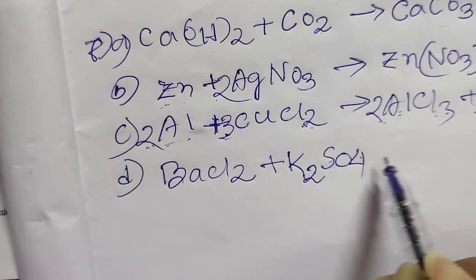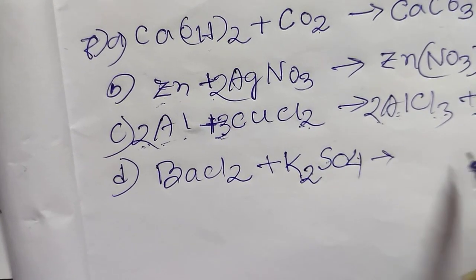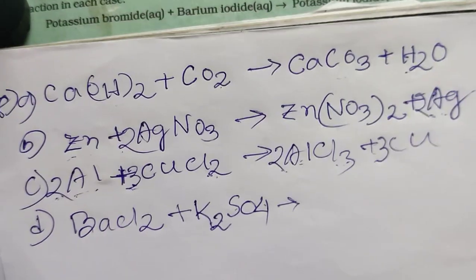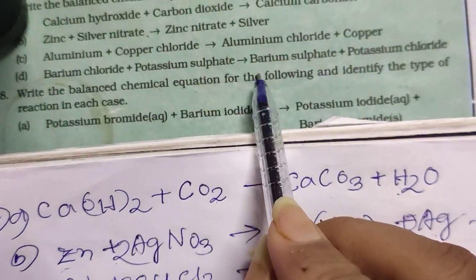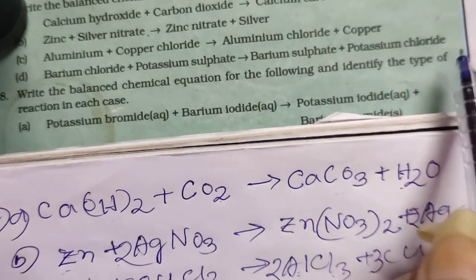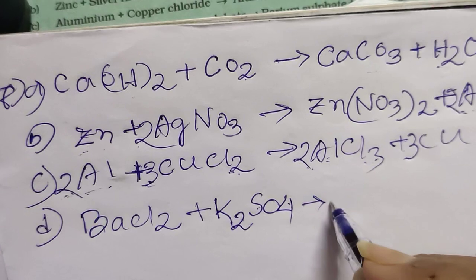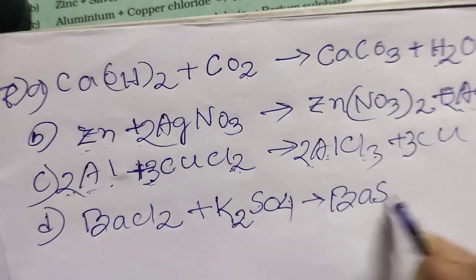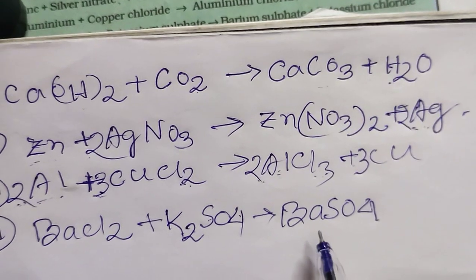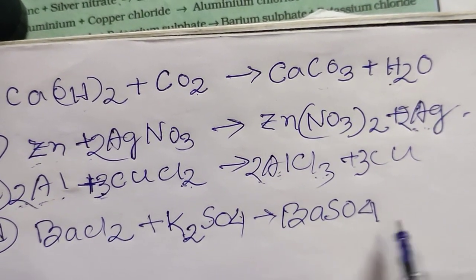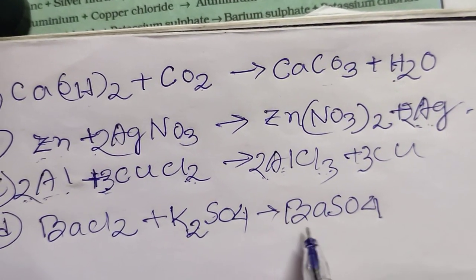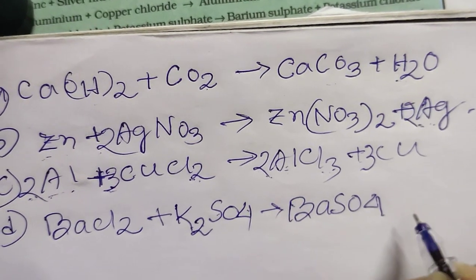This is potassium sulfate. Okay, next, which will give barium sulfate. You see, this is barium sulfate and potassium chloride. Okay, so barium sulfate is BaSO4. The valency for barium is 2 and the sulfate is also 2. That is why the symbol for barium sulfate is BaSO4.